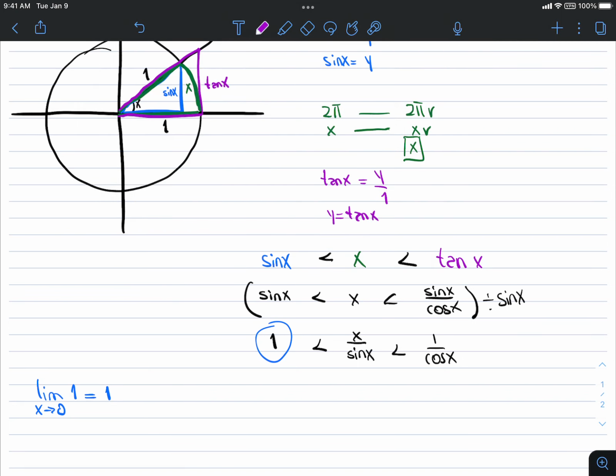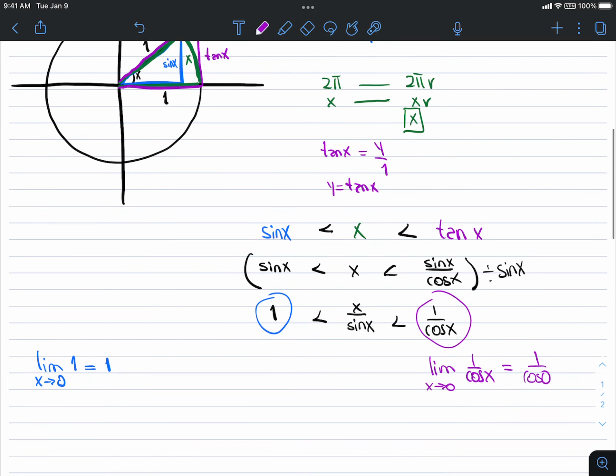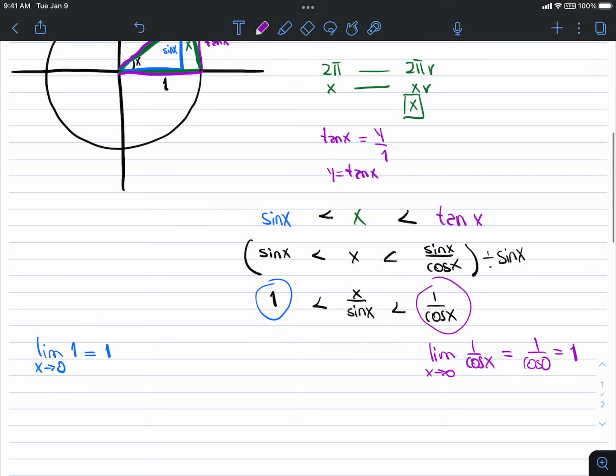And the purple side is the limit of 1 over cosine x when x goes to 0, which is just 1 over the cosine of 0. The cosine of 0 is 1, so this is also 1. So we have a function in the middle that's between these two, and both limits equal 1, so the middle function has no choice than to also equal 1. That's by the squeeze limit theorem.